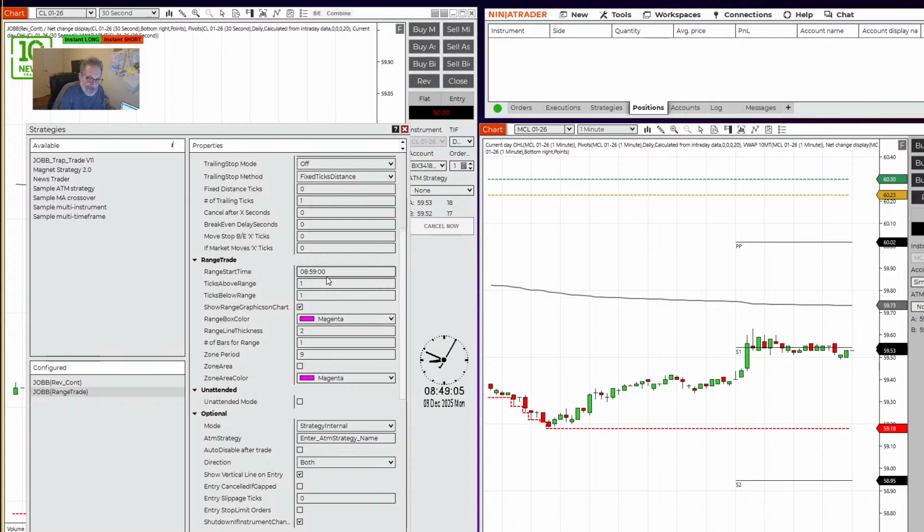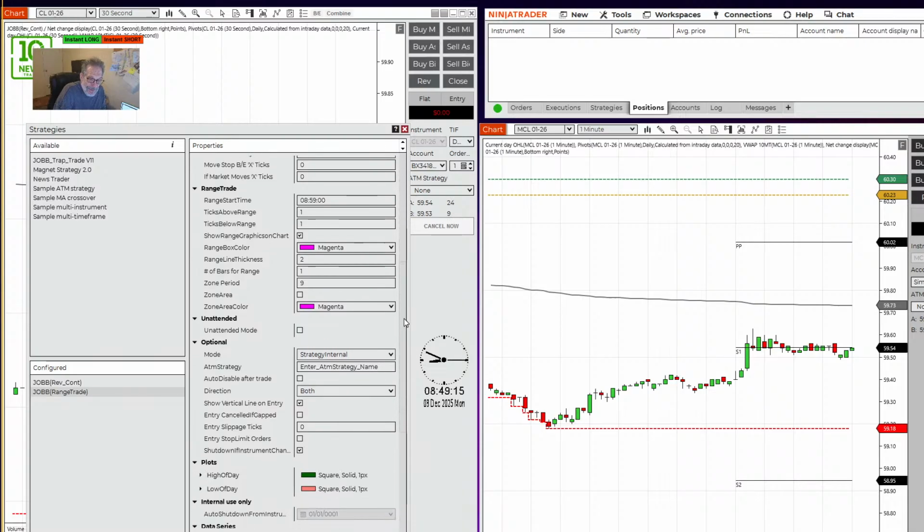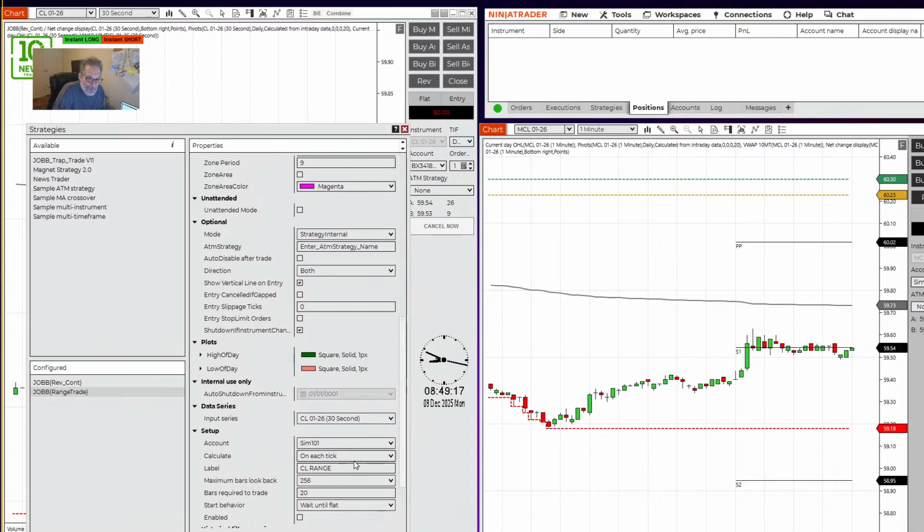Range starts at 8:59. One tick above the range, one tick below the range. Check, show the range graphics on chart. That's my setup. Don't forget, choose the account you're trading in. And then label the trade. I have it labeled CL range. Apply it and OK it.